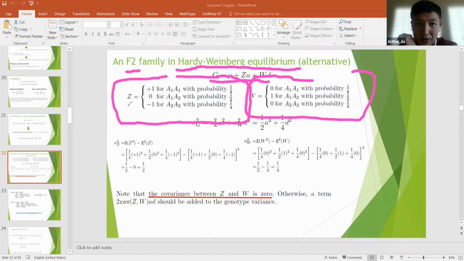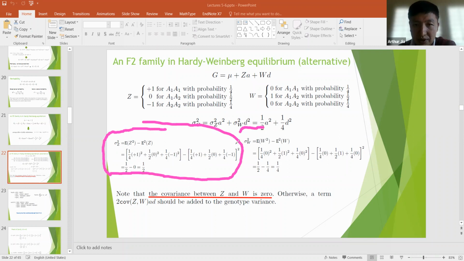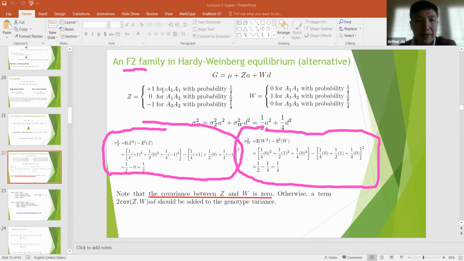The Z variable is for the additive effects, and the W variable is for the dominance effects. And we need to know how to calculate the variance of Z and the variance of W. That's easy for the F2 family. And we also need to show the covariance between Z and W should be 0. This is important for this chapter.